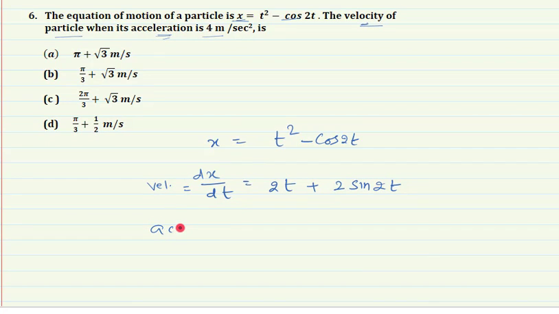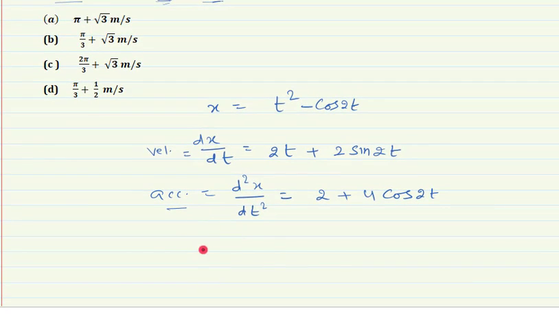So acceleration will be equal to d2x upon dt square, which is equal to 2 plus 4 cos 2t. Now acceleration is given to us as 4 meter per second square. Just put the value of acceleration over here. 4 is equal to 2 plus 4 cos 2t.